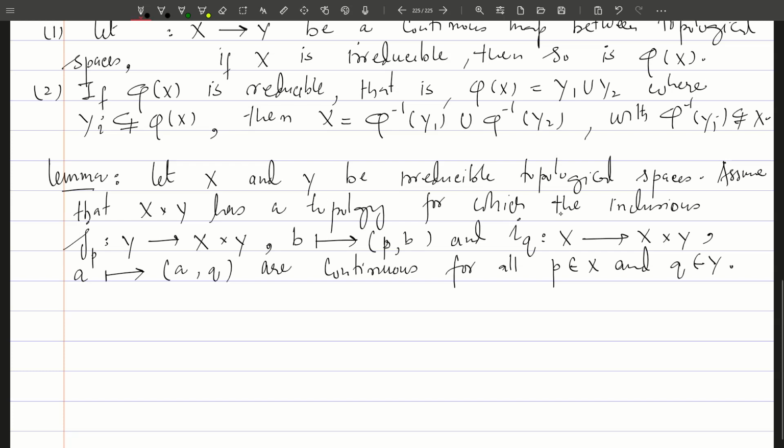So if this is the case, then the product X times Y is irreducible. So this is what we want to prove.